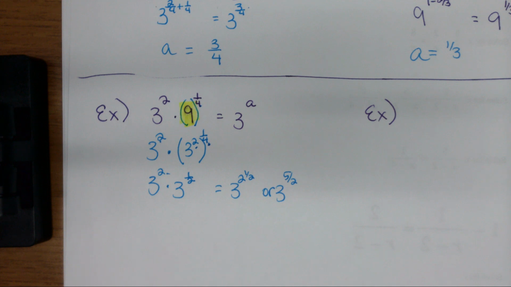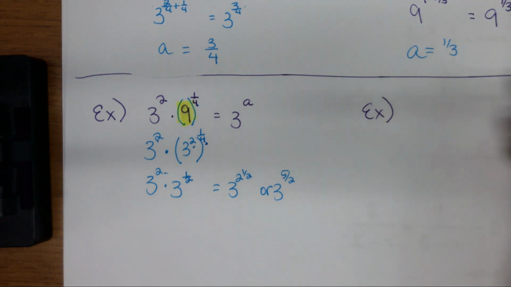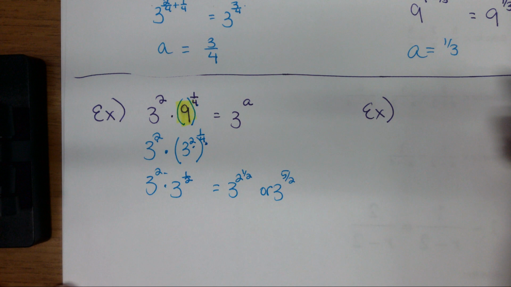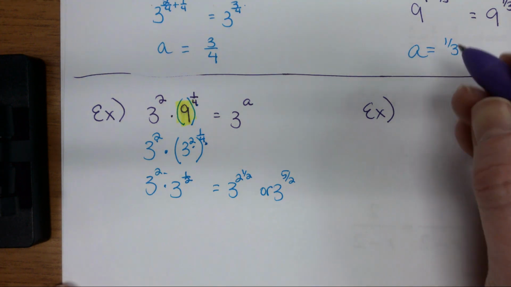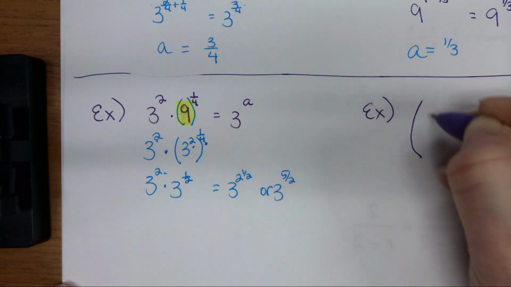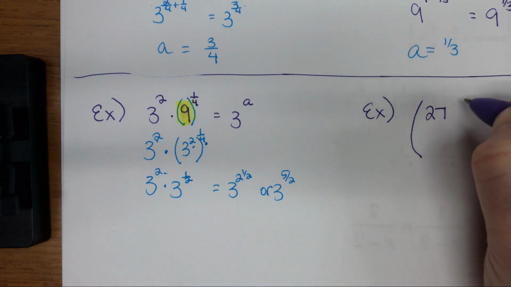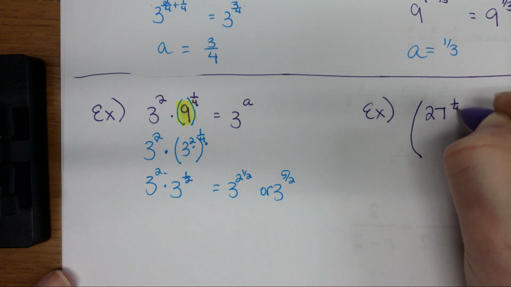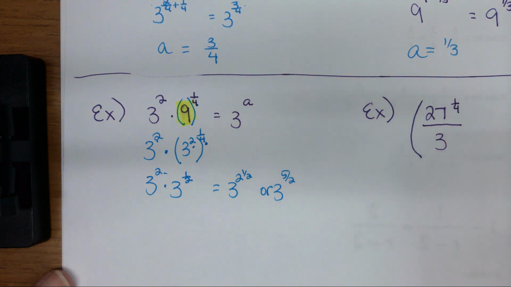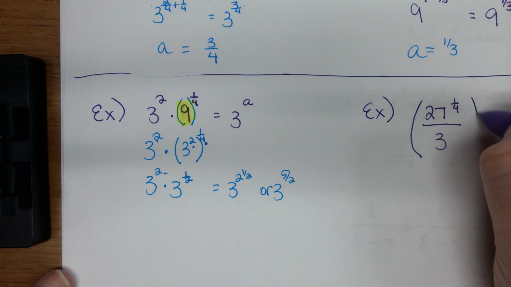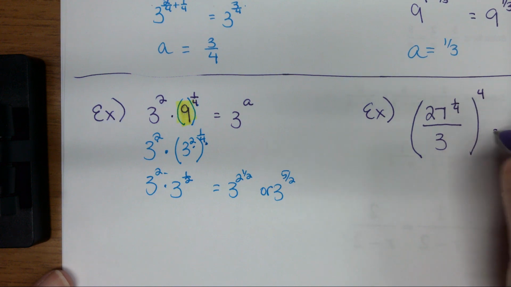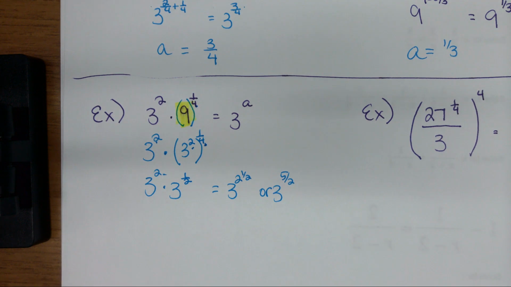So, if I had something that was maybe division, so how about 27 to the 1/4 over 3, and the whole thing raised to the 4th, and I want you to write that as an exponent of A. Okay, similar question.